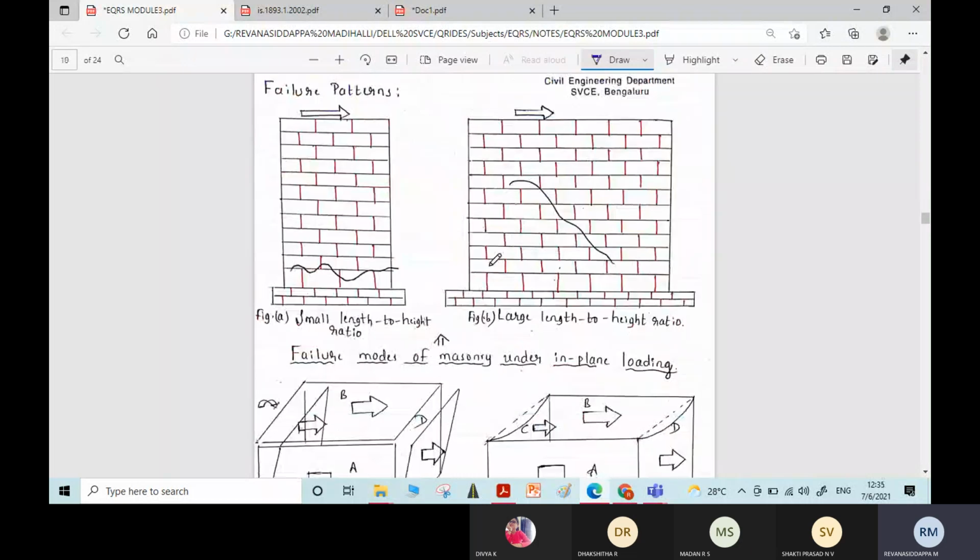So let us see what are the different failure patterns which we come across during an earthquake in the masonry wall.